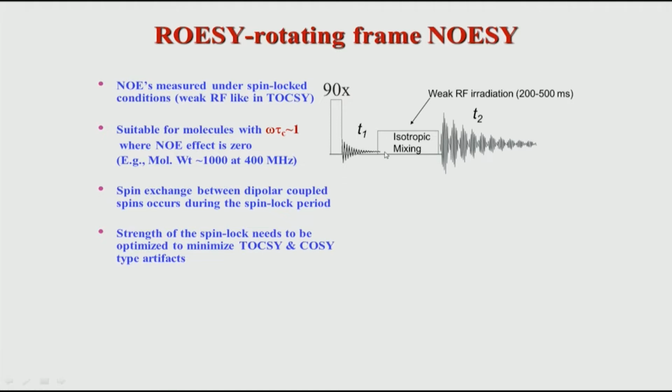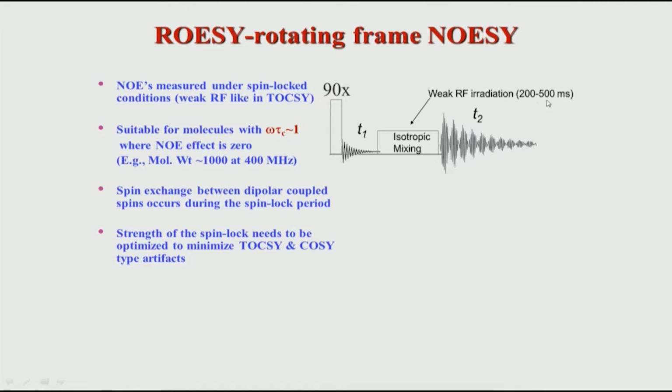Now the question is, if you recall, this is exactly the same as a TOCSY pulse sequence. So, what was different here, why is it similar to a TOCSY? Yes, it is very similar to TOCSY, in fact it is like a TOCSY itself, but the only difference is the power levels are slightly lower than a TOCSY, and the time duration is very long compared to TOCSY.